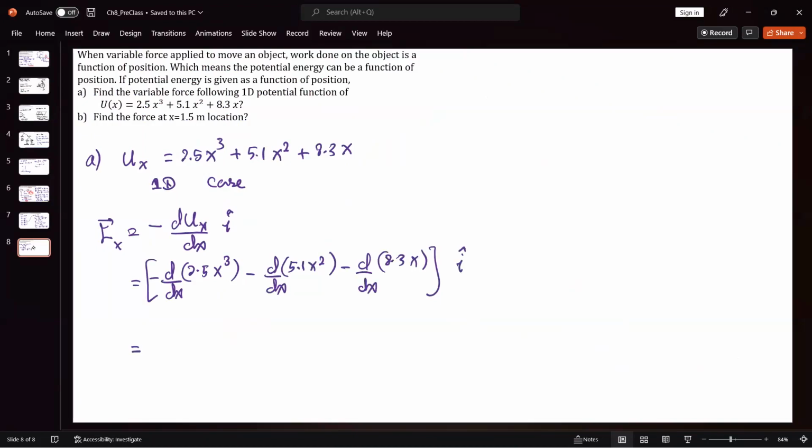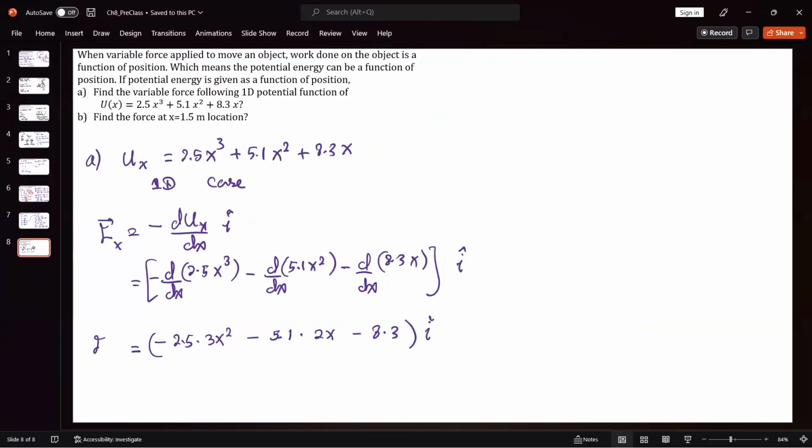Then we do the power operation. 2.5 comes out, and d of x cubed over dx becomes 3x squared. Then minus 5.1 comes out, 2x by the power rule, minus 8.3, and the i hat outside. That's it. A fairly simple calculation.